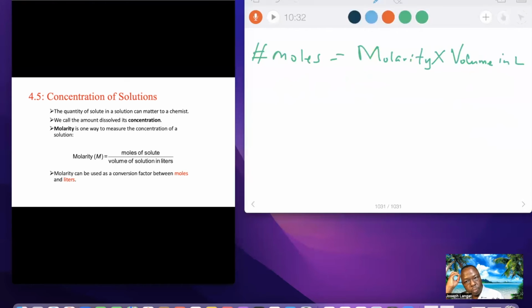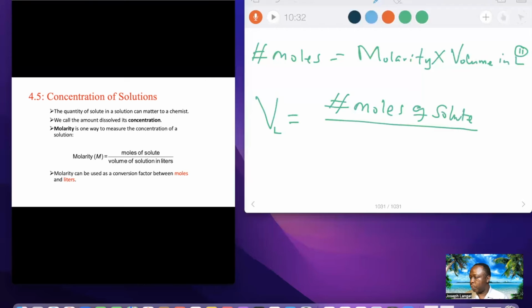And equation 3: volume in liters is given by number of moles of solute over molarity.